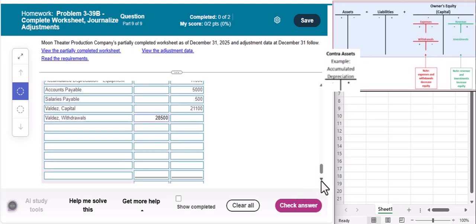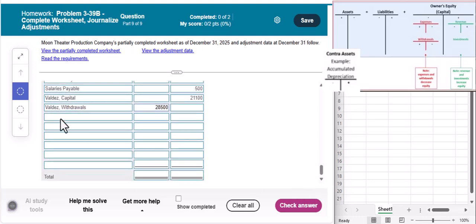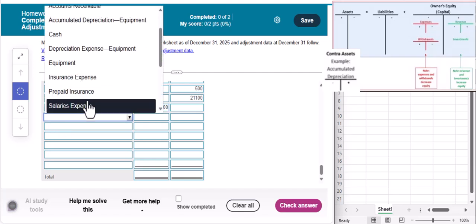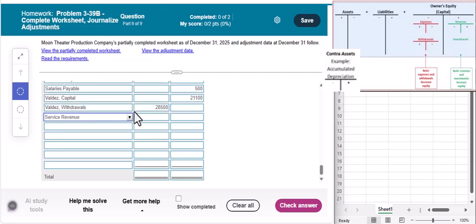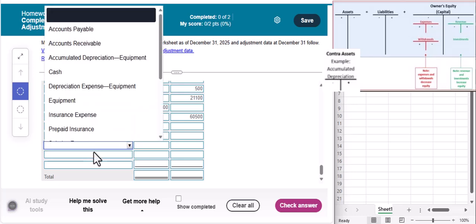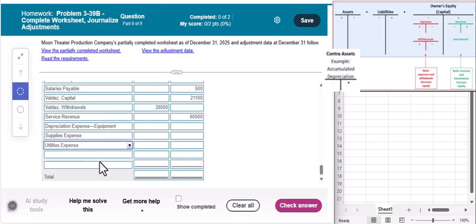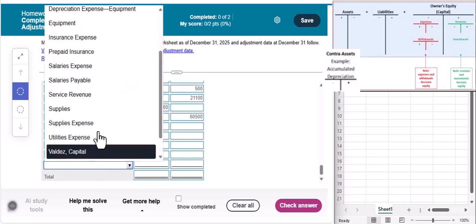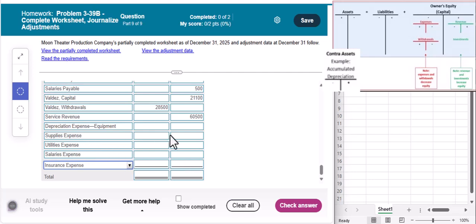We're going to keep on moving on down here. So we have service revenue next, and that one is a credit balance for $60,500. And then we have our expenses. So we have depreciation expense, equipment, we have supplies expense. I'm just going to input all of these for time's sake. Utilities expense, salaries expense, and insurance expense. All right, so the expense balance sits on the what side? Debit.